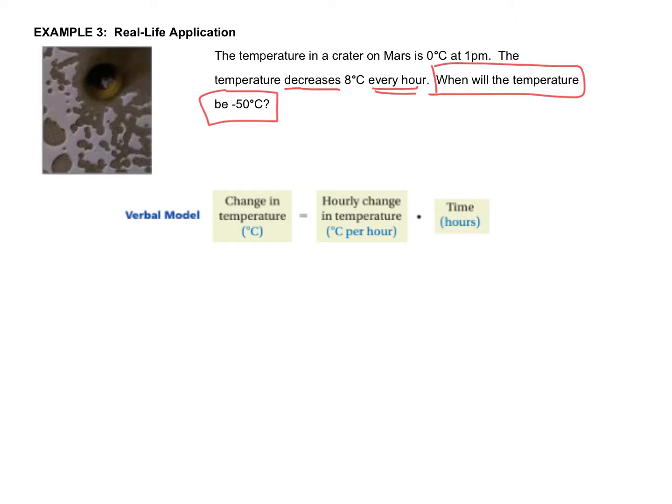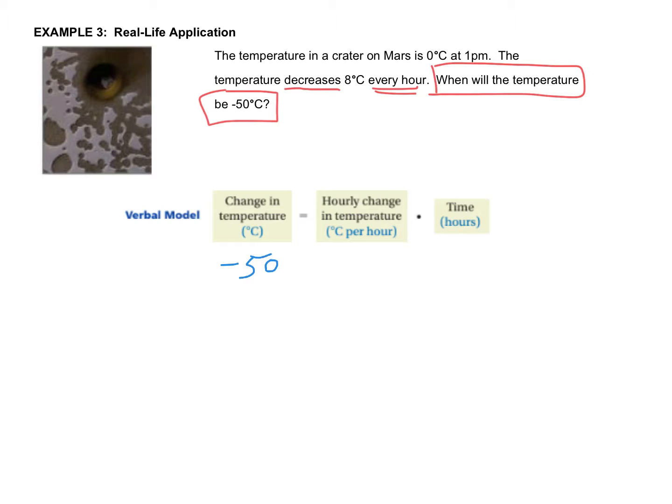Okay, so we're looking at from 0 to negative 50. So in our example, hopefully it makes sense that we're looking for a 50-degree change. It's going down, decreases means down, 50 degrees. Okay.